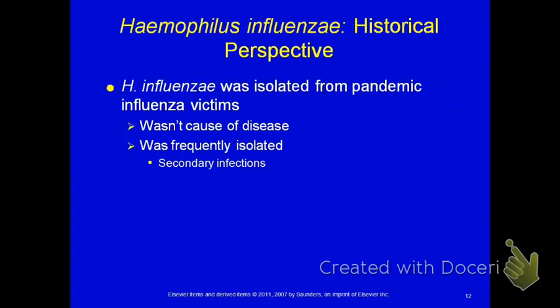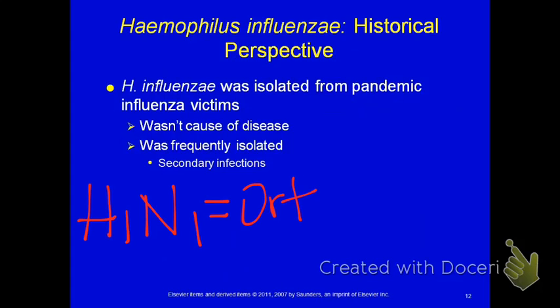Historically speaking, in the 1920s, during the Spanish flu, the biggest flu of them all, H1N1, this particular flu is considered the biggest because if we sum up the total casualties of World War I and World War II, it wouldn't match the casualties of H1N1. H1N1 is caused by a virus. The name of the virus is orthomyxovirus.